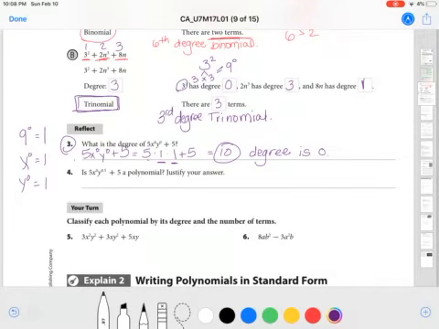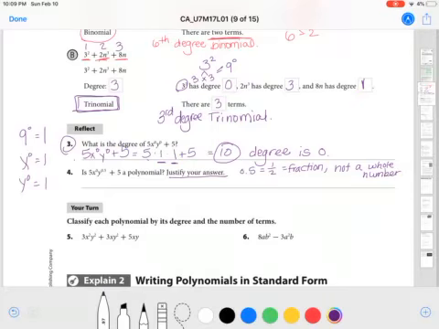is 0. Okay, is 5x to the 0, y to the 0.5 plus 5 a polynomial? Justify your answer. And so if we think back, we know that variables have to have whole number exponents. 0.5 is actually just 1/2, and we know that 1/2 is a fraction, not a whole number.